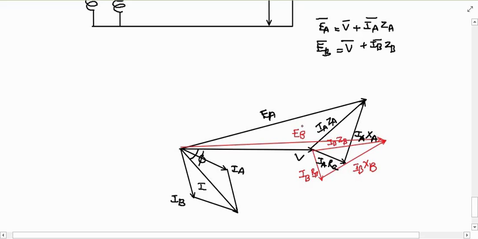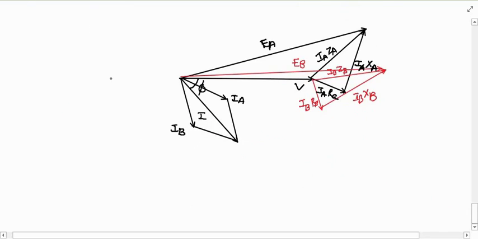So from this it is seen that even when secondaries are on no load, there will be some cross current in them because of inequality in their induced EMF. Okay, so the circulating current IC will be equal to EA minus EB divided by ZA plus ZB.